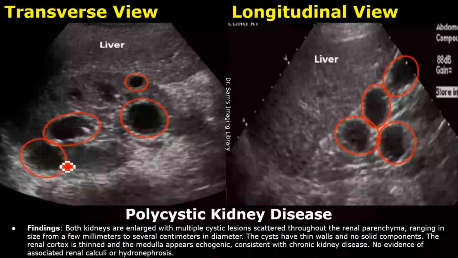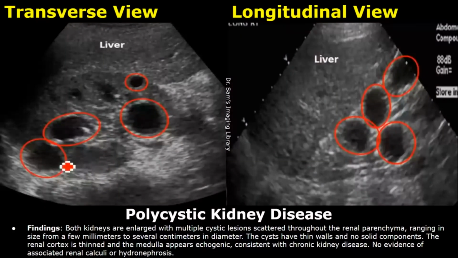Our next case is polycystic kidney disease. These are the findings. Both kidneys are enlarged with multiple cystic lesions scattered throughout the renal parenchyma, ranging in size from a few millimeters to several centimeters in diameter.